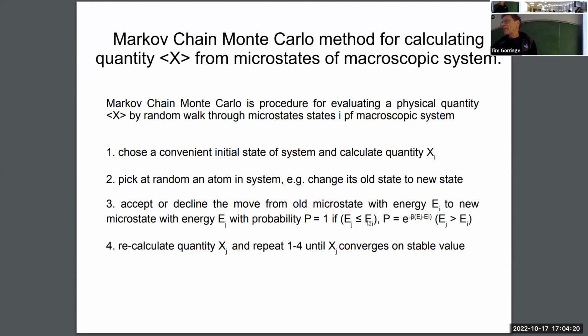If I do accept it, whether I went up or went down, then in item 4 I can recalculate, say, the internal energy or the particular observable for the microstate. Then I'm just going to repeat steps 1, 2, 3, 4 many times, I think 10,000 or 100,000 times.